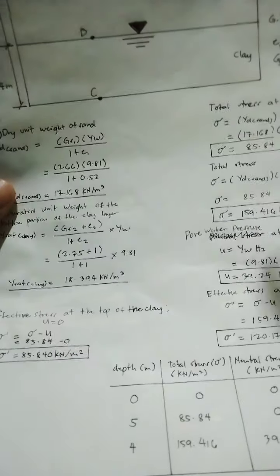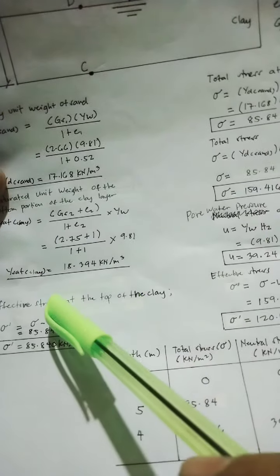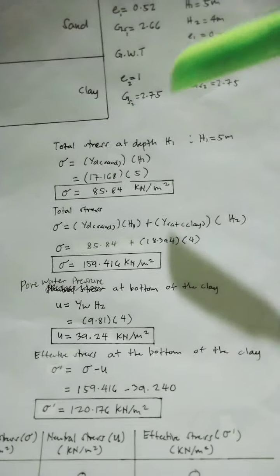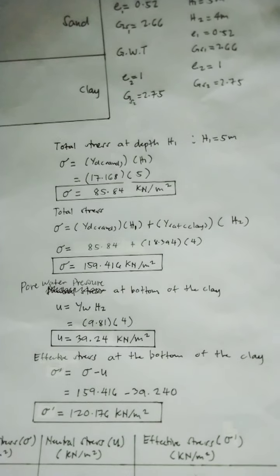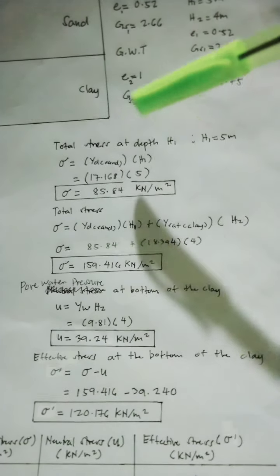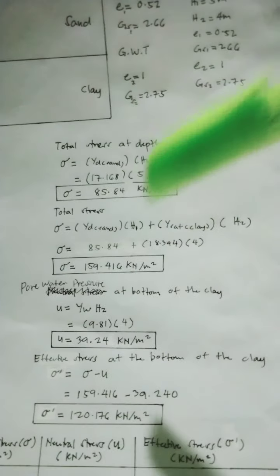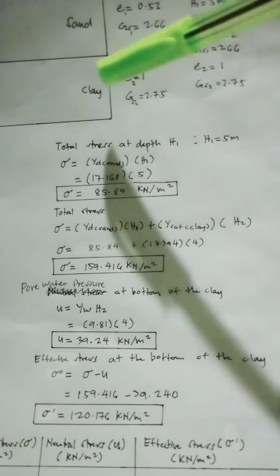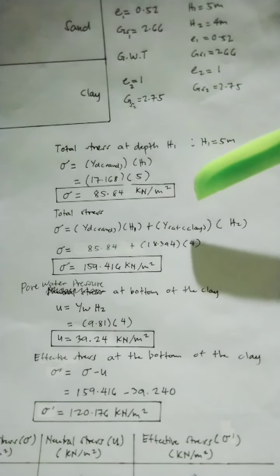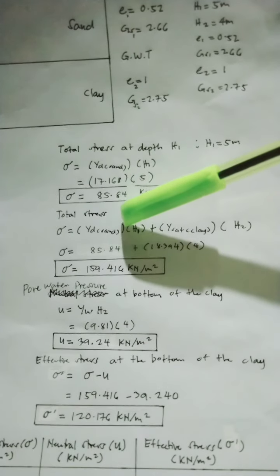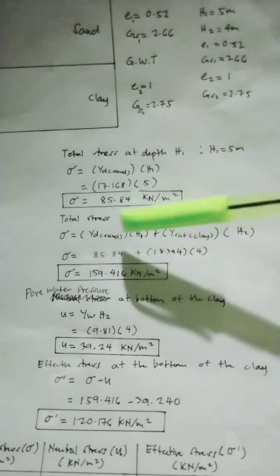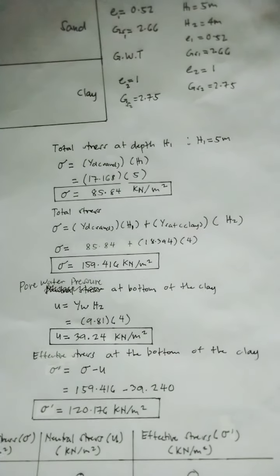Then, since we are able to get the saturated unit weight, we'll proceed to the total stress at the bottom of the clay. So we will find the total stress from point A to point C. The formula is the dry unit weight of the sand times its depth plus the saturated unit weight of the clay times its depth.